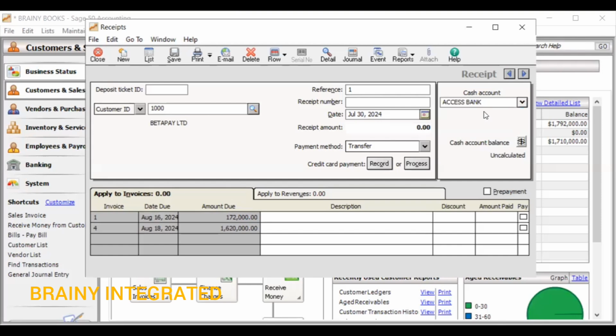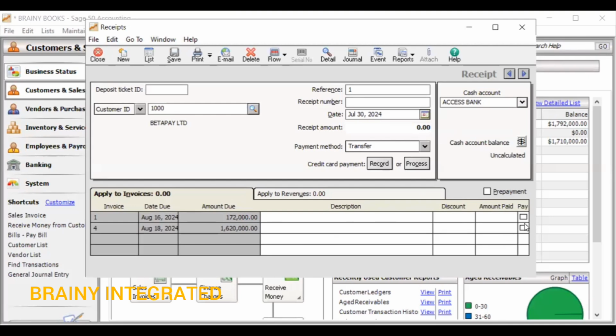So now that I've selected Access Bank, the next thing I want to do is to go and collect this money. The guy paid the whole money, he paid 172 and 1,620,000. So to pay this amount without removing any discounts, we have description, we have discounts, we have amount paid, and we have this pay.